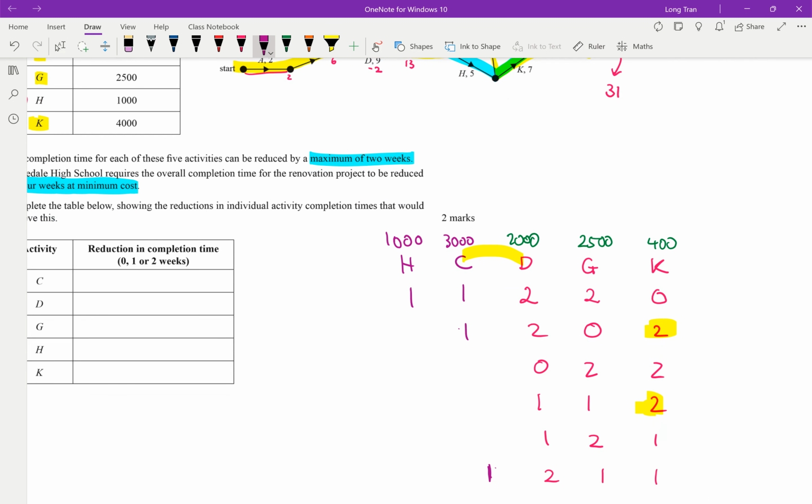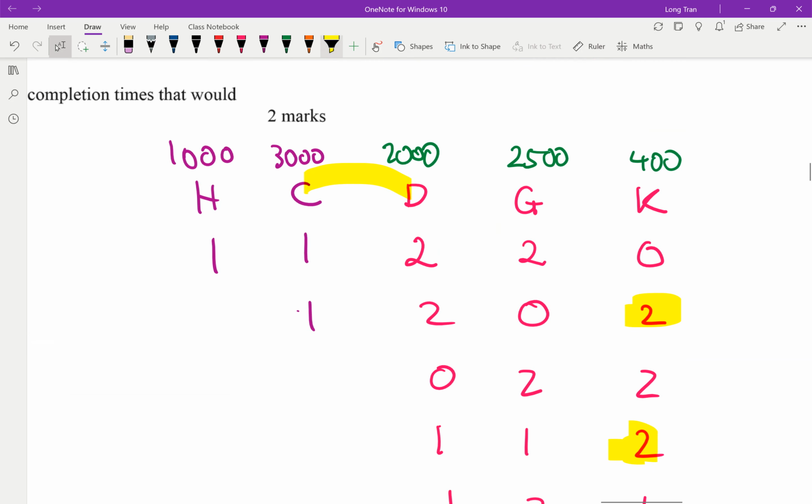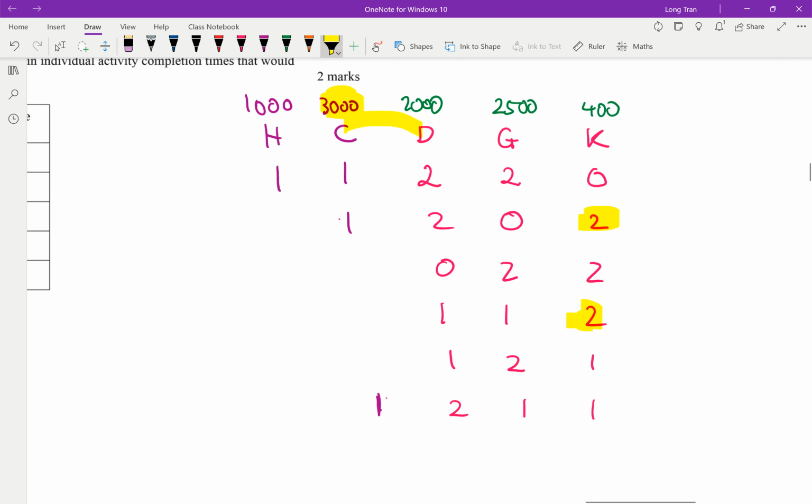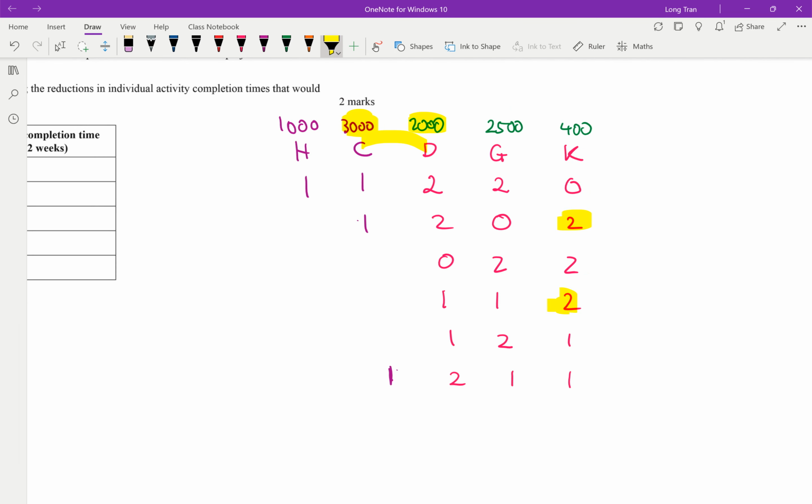So ideally, you don't want to be reducing C as much, because not only are you costing yourself 4,000, like double of D is equivalent to 1 of K. True? So 2 of these D's is equivalent to 1 of these K's. And not only that, 2 of these D's actually cost an extra 3,000.